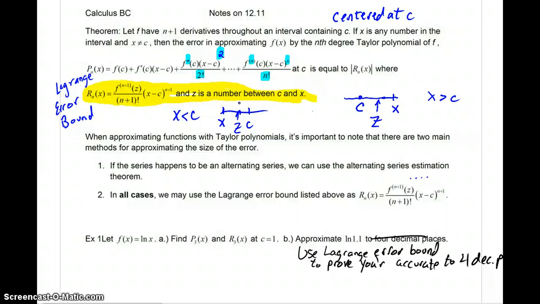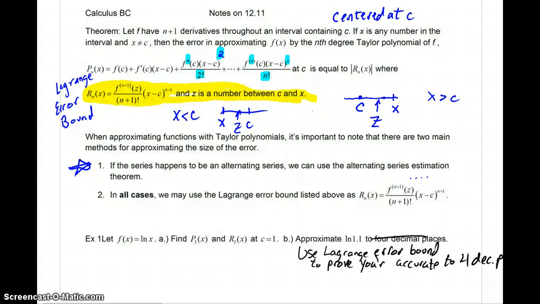So let's jump into a little bit more information. When you're approximating functions with Taylor polynomials, it's important to note that there are two main methods for approximating the size of error. We've been doing step 1 all throughout chapter 12. If we have an alternating series, we could use the alternating series estimation theorem, and that's great.